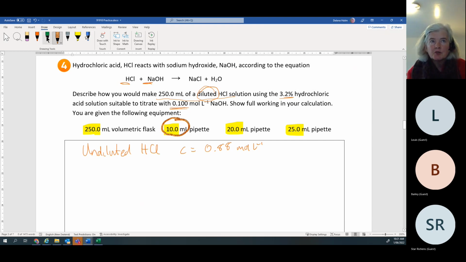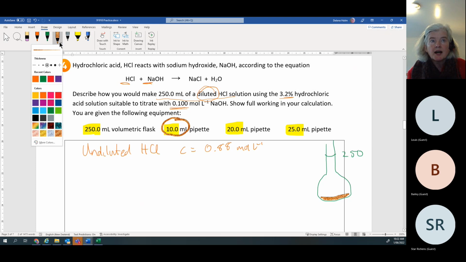So it might help to visualize what's going on. I've got my conical flask, not my conical flask, my Erlenmeyer flask, and I want to dilute this. So it goes up to 250. Now, do I put in just 10 mils of my HCl and fill the rest with water?